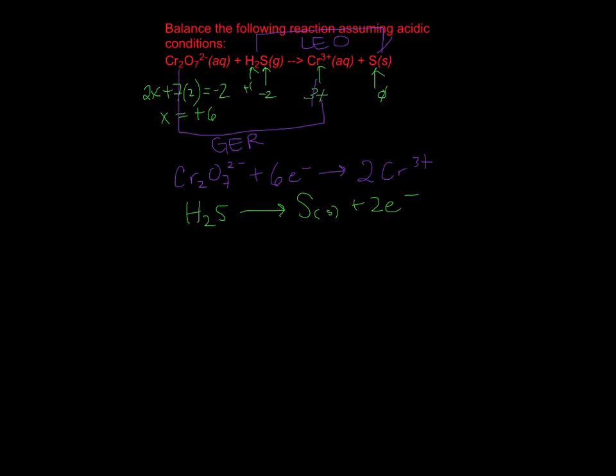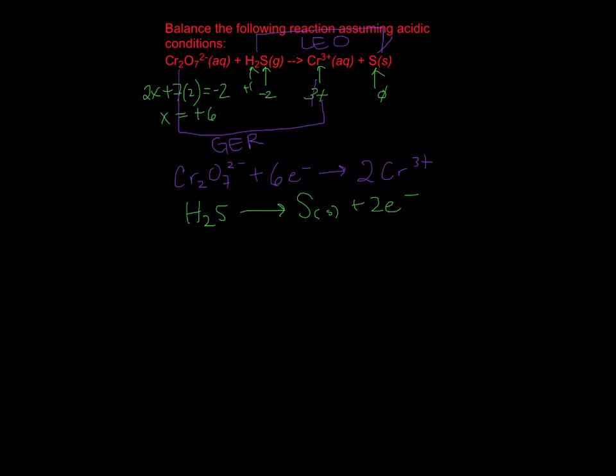Okay, so now we need to balance the oxygen atoms and the hydrogen atoms in each of these half reactions, because in this reduction half reaction our oxygens are not balanced, and in this oxidation half reaction our hydrogens are not balanced.